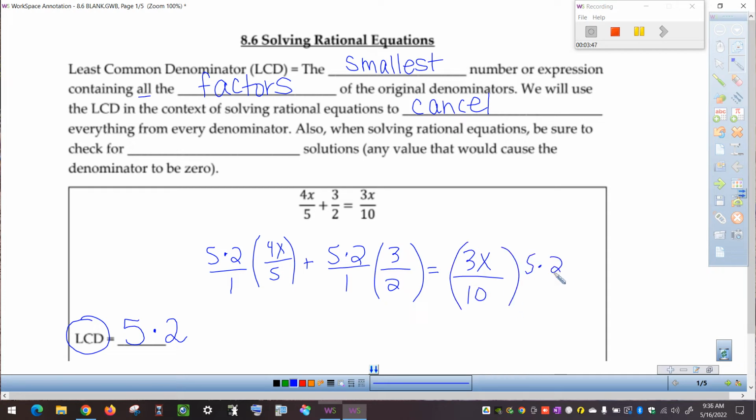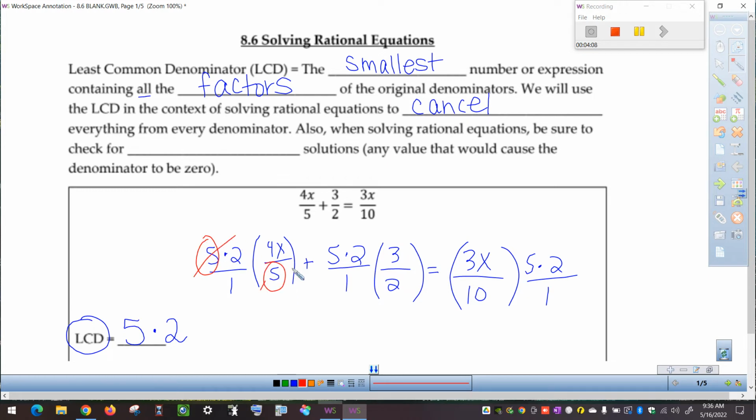Everything that's in parentheses was an original component of the original equation. Here we're just showing that every single thing on both sides is getting multiplied by that 5 times 2 over 1.